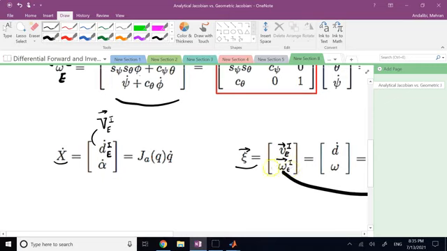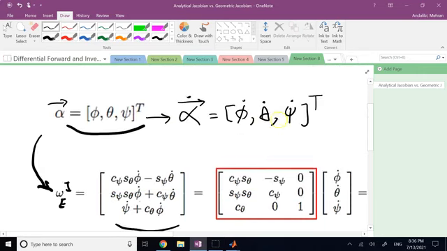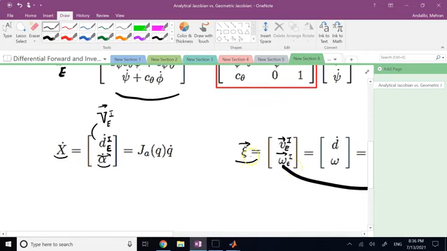At least the bottom portion of them are different. The top portion of them are the same. The bottom portion are different. These are the derivative of the absolute angles. These are the derivative of what? The relative angles. But can I relate them to each other? The answer is yes. So how can I relate them?